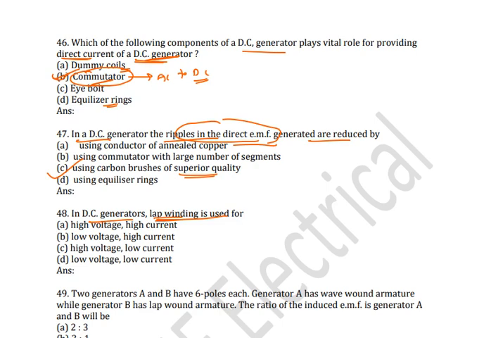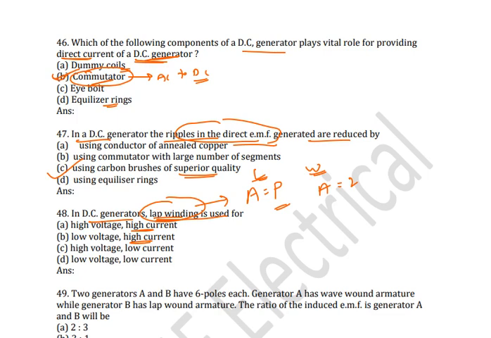If you know the answer, just answer in the comments. Lap winding has more parallel paths. In lap winding, the number of parallel paths equals the number of poles, whereas in wave winding the number of parallel paths equals 2. With more parallel paths, more current is generated, so lap winding is used for high current applications.